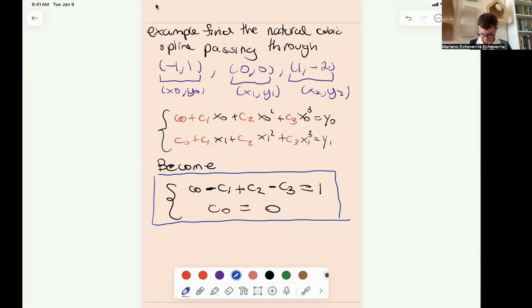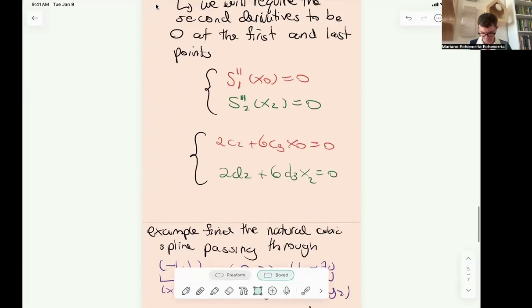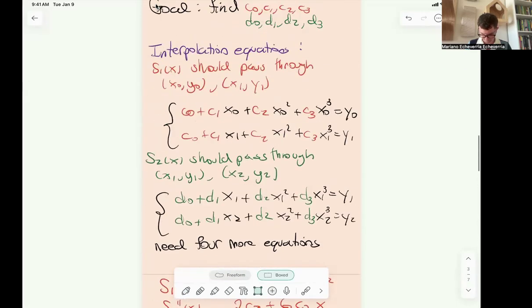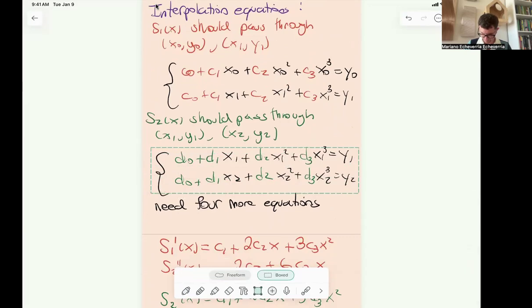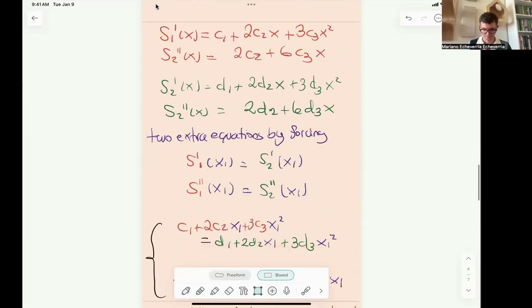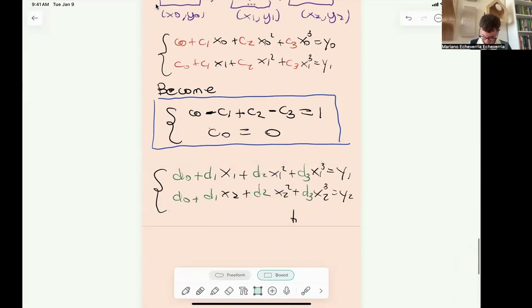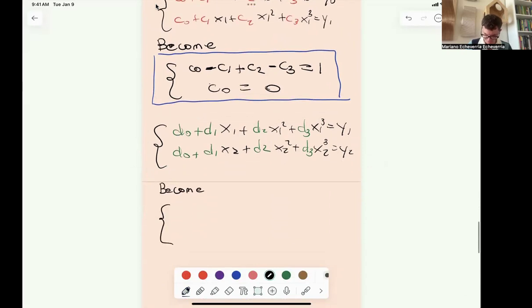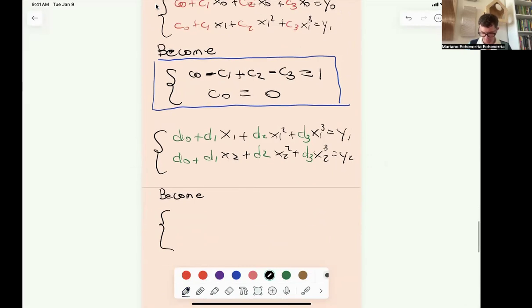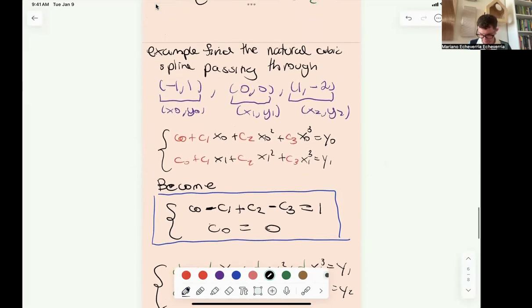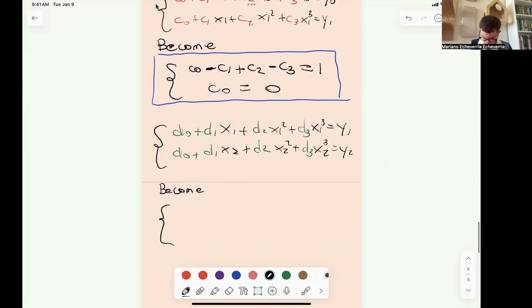Okay, then let's go with the others. Let me copy paste. So what happens here? Again, x1 is 0, so this one just becomes d0 equals 0.